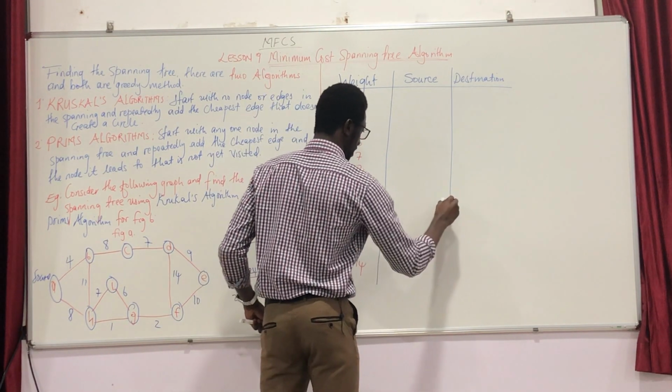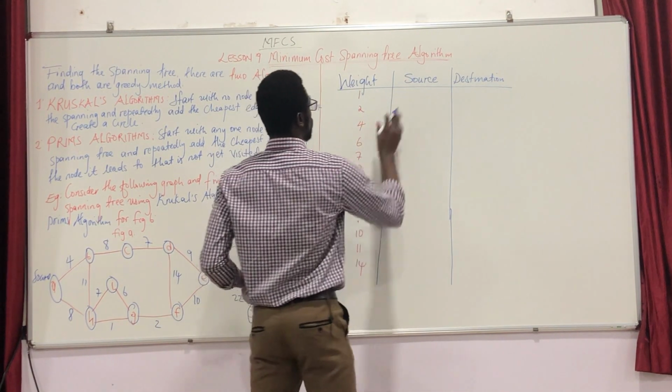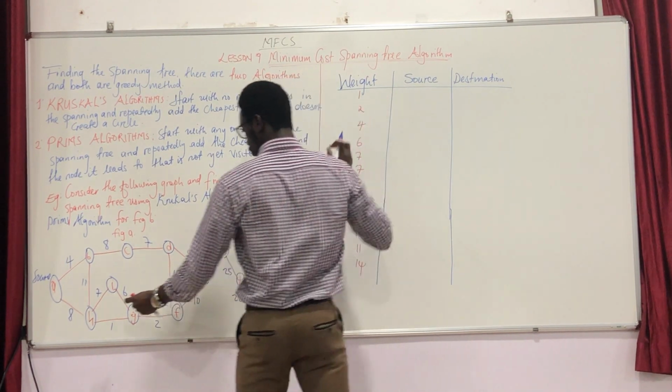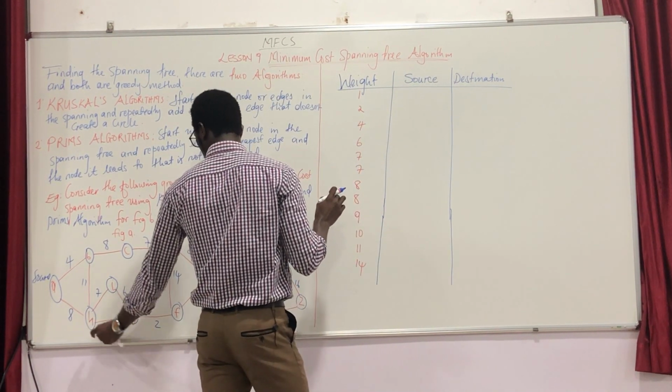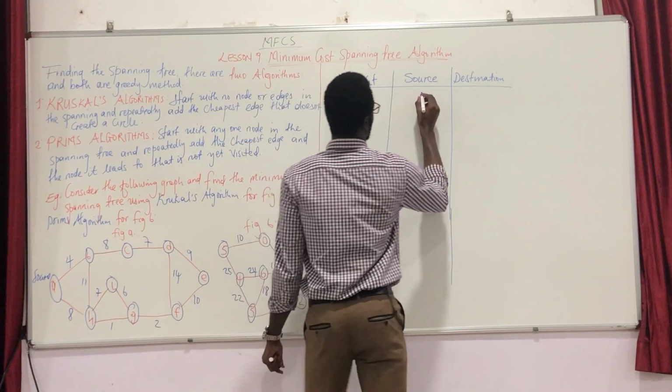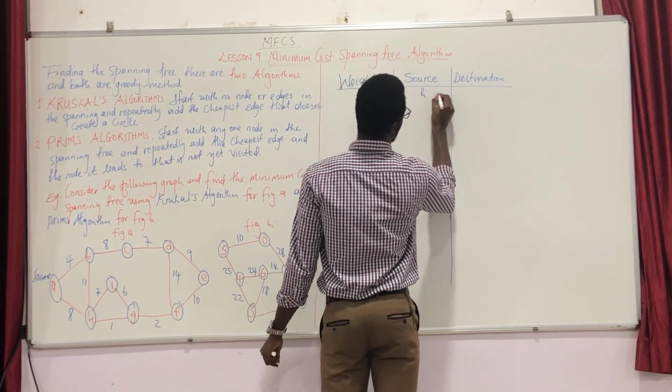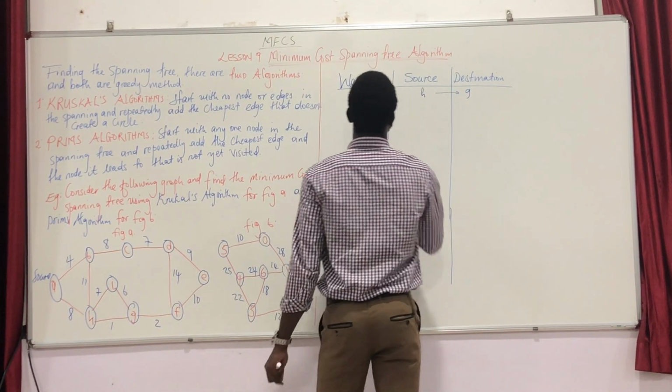So the source of the first one is H and the destination is G. So H to G, which is 1.